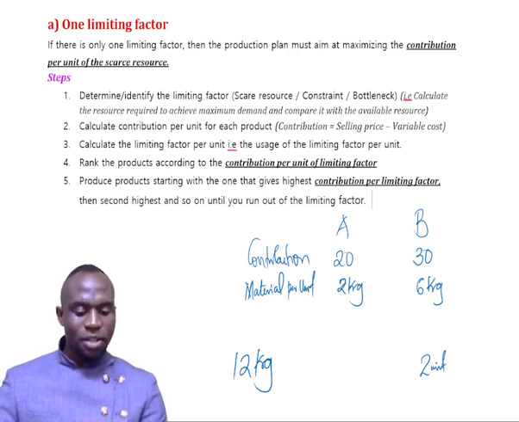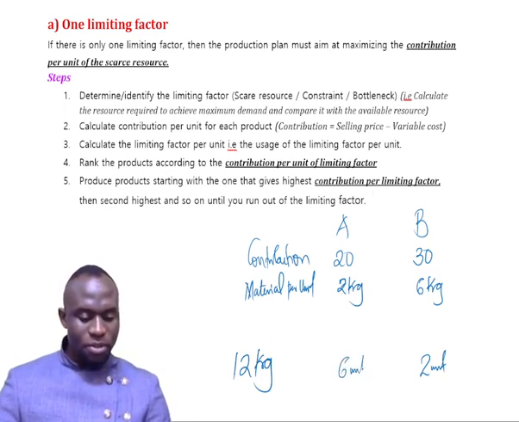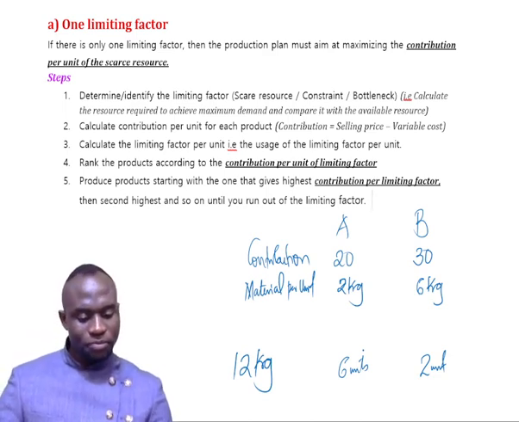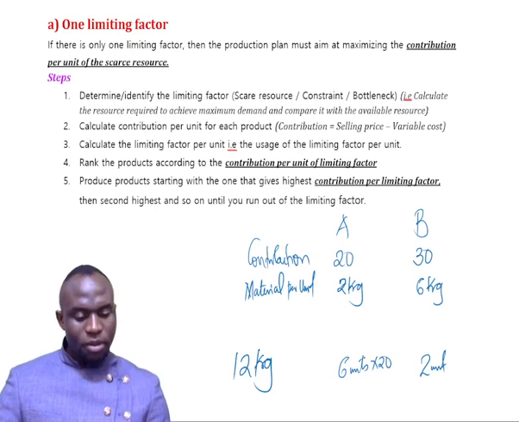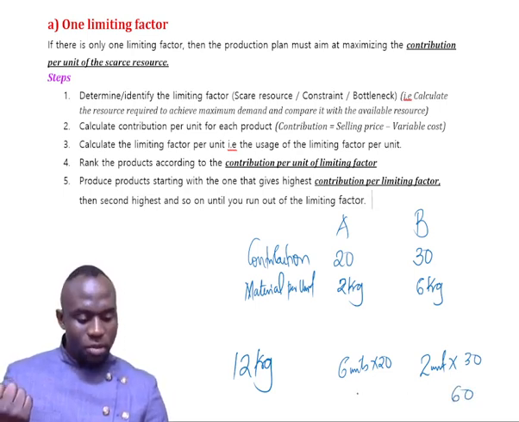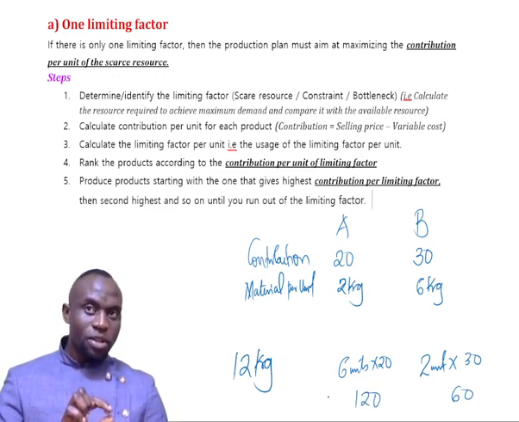But for product A, when you divide 12 by 2, you can produce 6 units. Each unit of A gives a contribution of 20 and each unit of B gives 30. So for product B, total contribution is 60, but for product A, total contribution is 120. So this is one explanation.